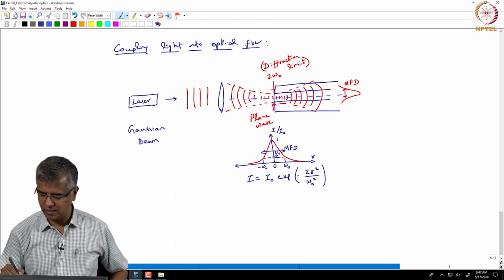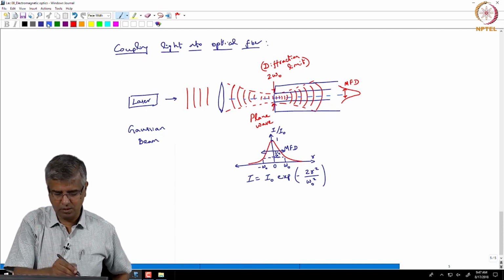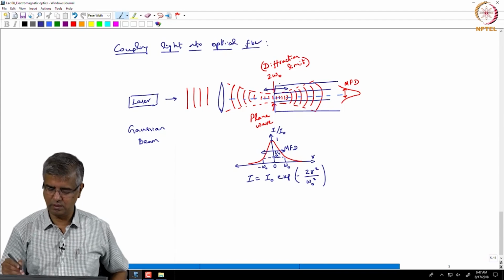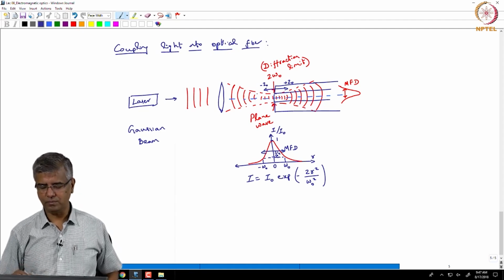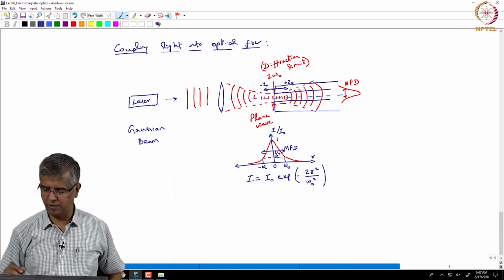So it is such that across this, going from plus z naught to minus z naught, it maintains a near planar wavefront.